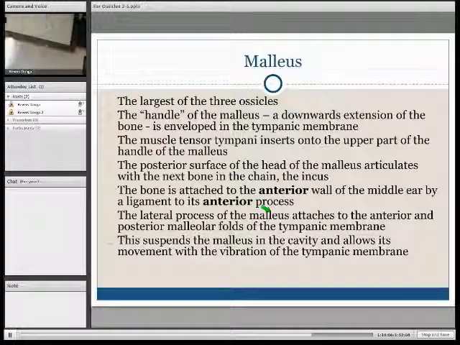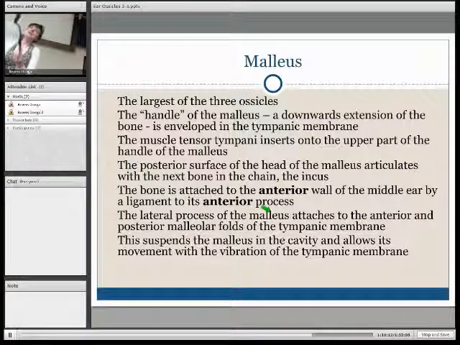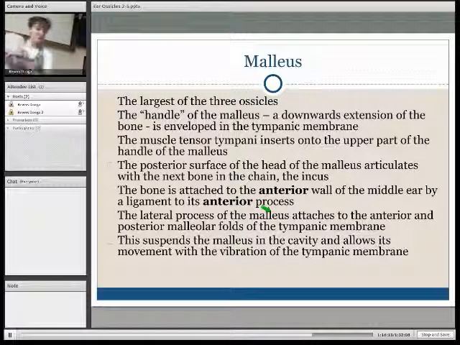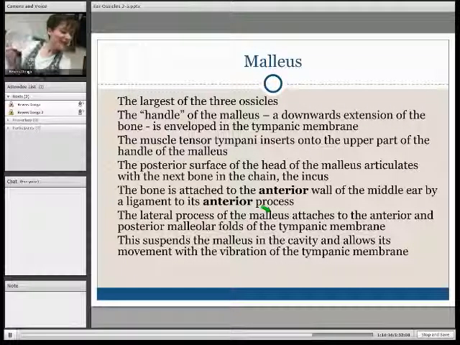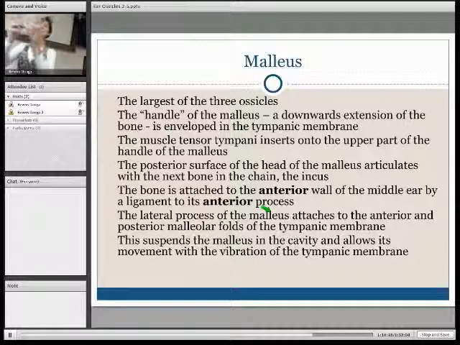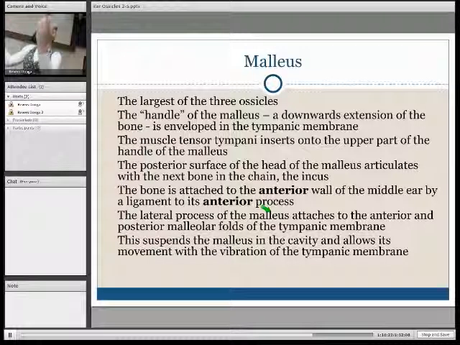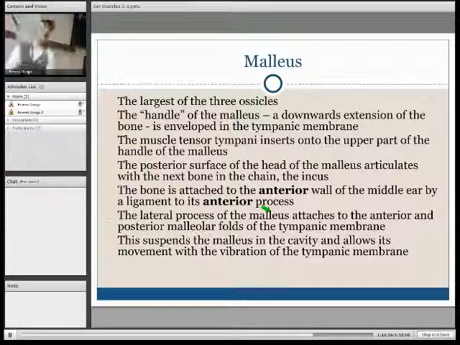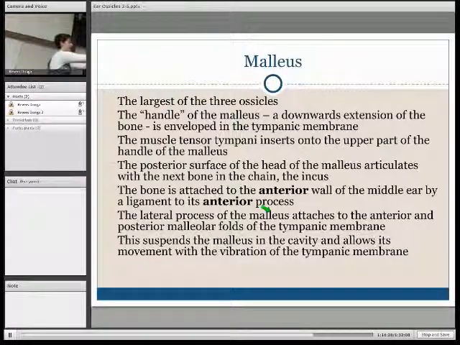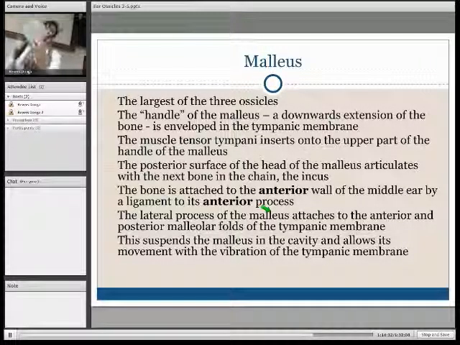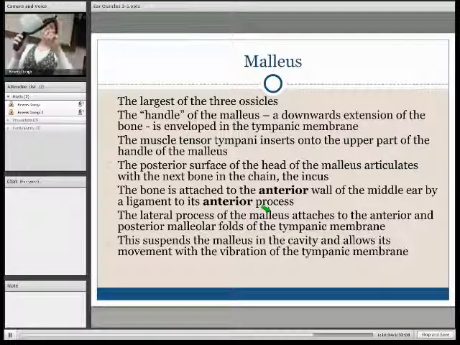So then we get to the incus. Nothing looks like an incus, so I had to make one up. It's comprised of three main parts. Just bear with me, because that is meant to look a little bit more horizontal. The body articulates with the malleus at its posterior end, so it would probably be something like that.